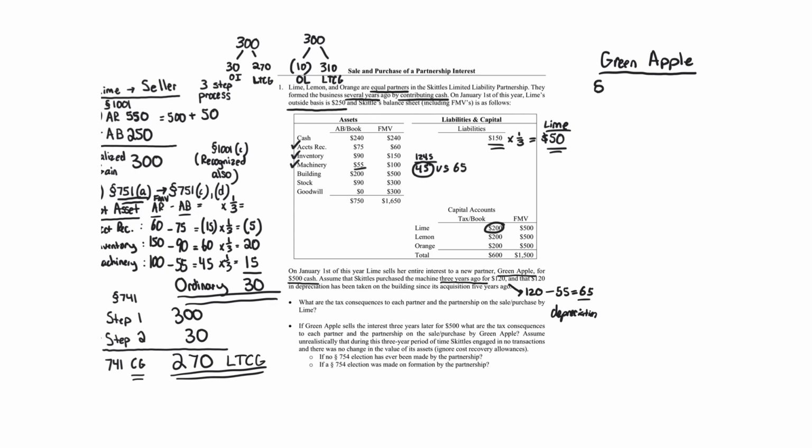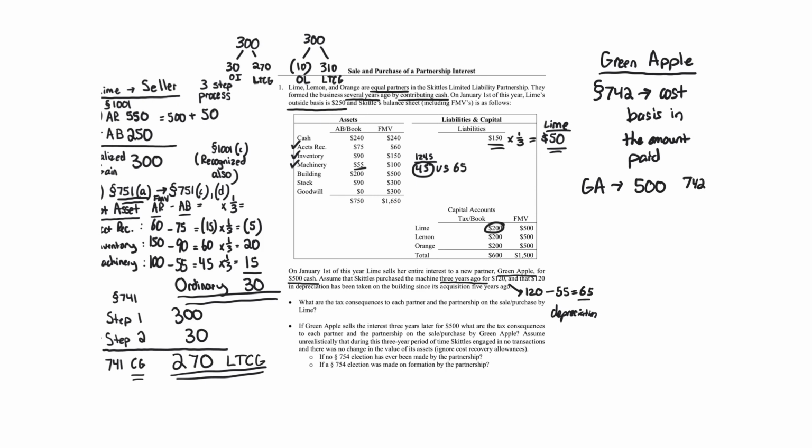Under section 742, the buyer takes a cost basis in the amount paid. So Green Apple is paying $500, so we start there, right, 742.